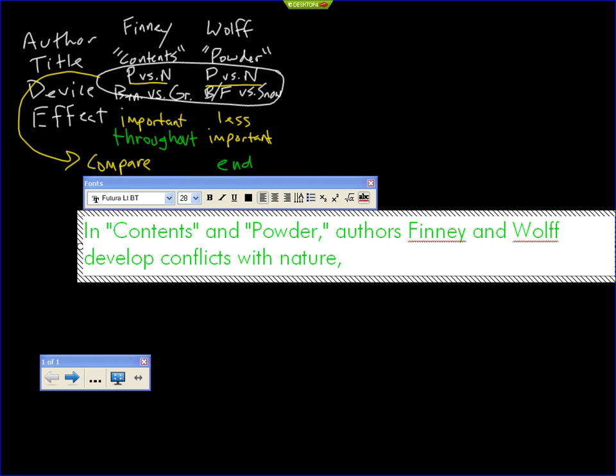In Contents of Dead Man's Pocket and Powder, authors Finney and Wolf develop conflicts with nature, comma, not and, because we're looking now for the contrast point, right? So we need but or however.